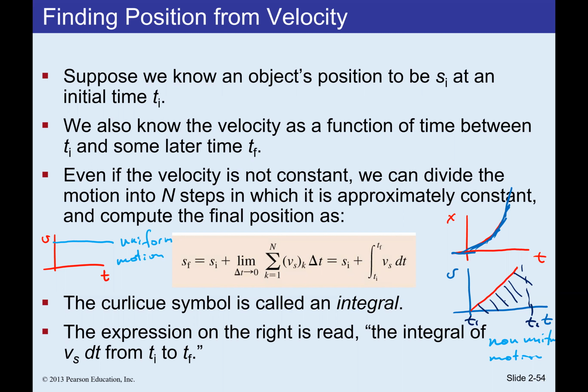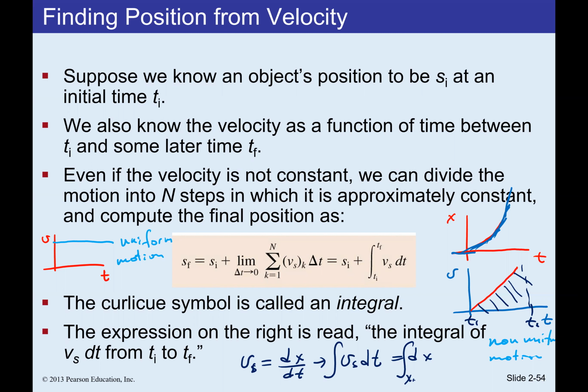If I take velocity equals dx/dt, first I multiply both sides by dt. So I'm going to get v dt equals dx. And then I integrate both sides, and what I will have here is this.